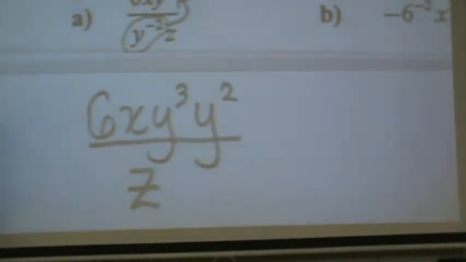Now, this is an okay answer, but it's not simple. How can we simplify this? Add the y's, the exponents, right? Yeah. So what you're doing is you're layering properties now.